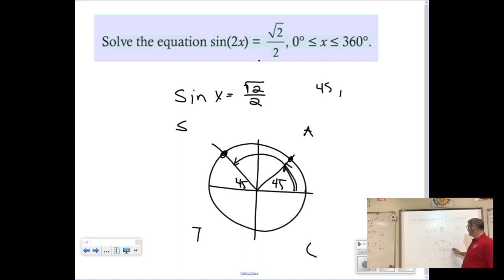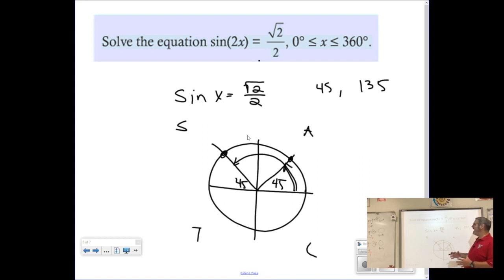And the second one from here to here would be 180 minus 45, which is 135. Now, if I go all the way around, that would be 360 plus 45. That would give me 405, and that's beyond my parameters. So we're not going to go an additional go around. We're going to stay there.